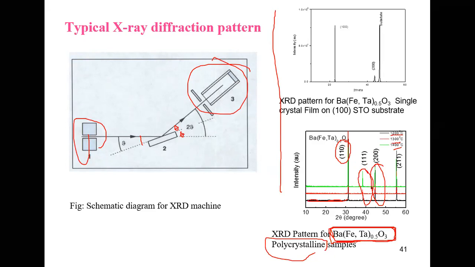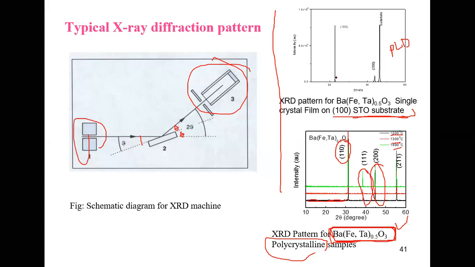However, look, if I make this material single crystalline, what I did was take a single crystal strontium titanate substrate with 100 orientation, and then deposit this material, barium iron tantalate, by a machine called the pulsed laser deposition technique, or in brief, the PLD technique.